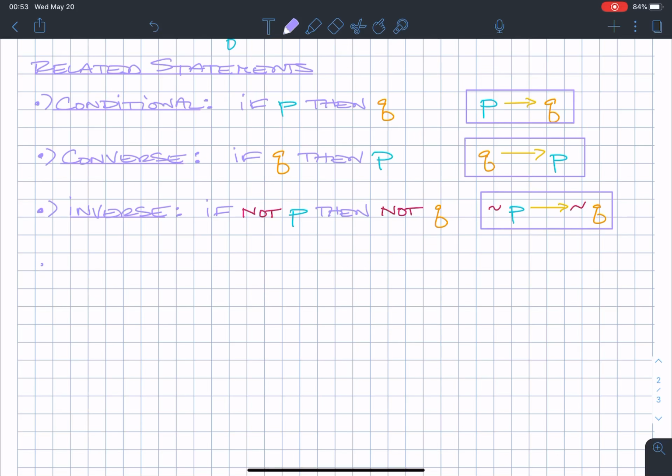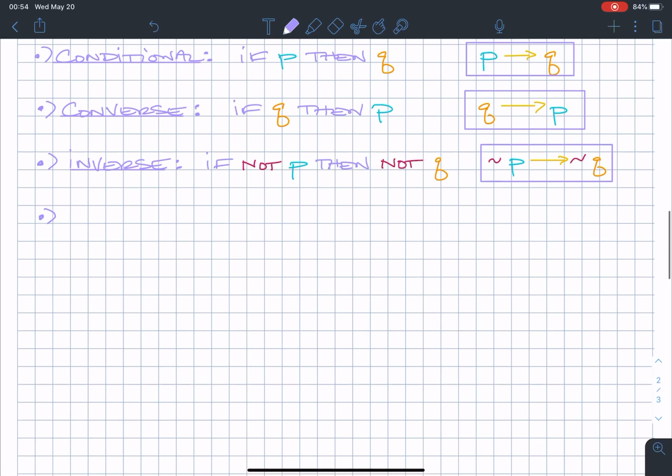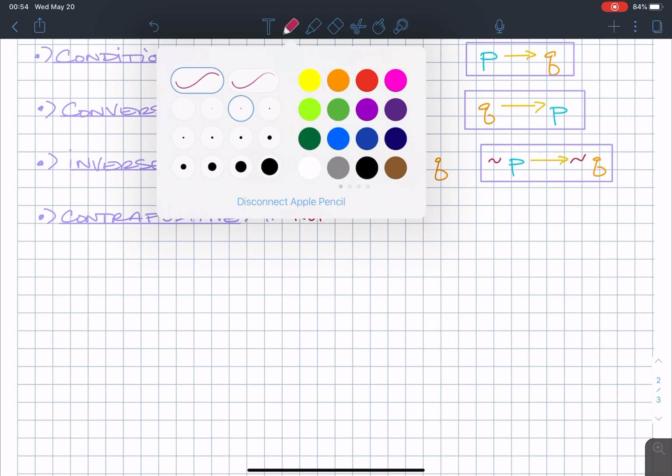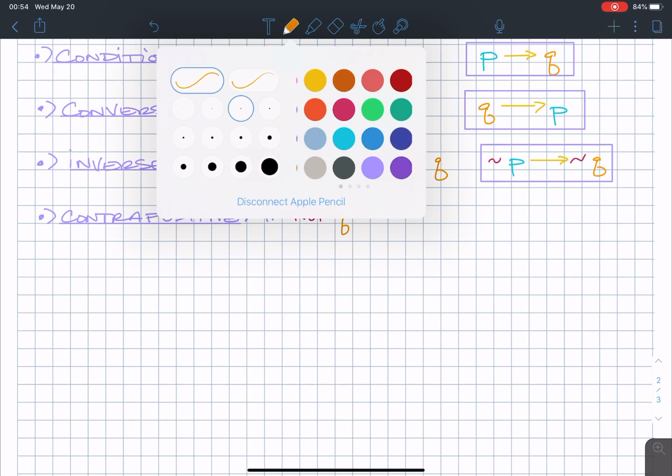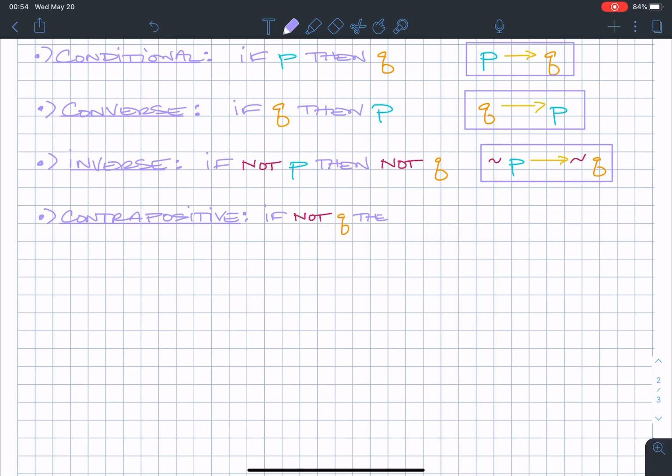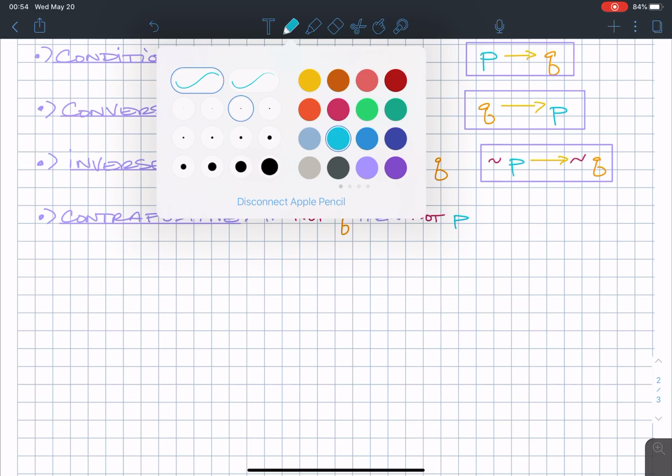So what's the last possible related statement? Would be not Q. If not Q, then not P. All right. And that's called the contrapositive. So that's if not Q, then not P. Okay, so this is what we think it is.